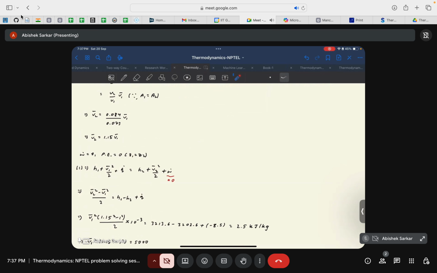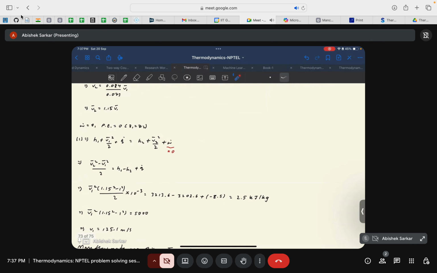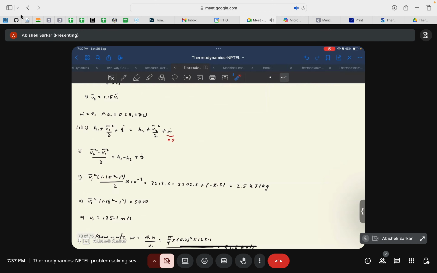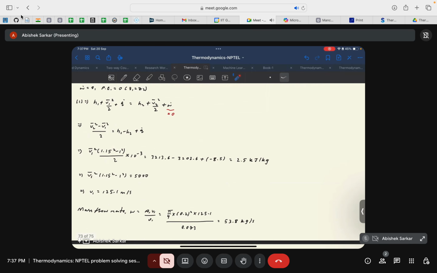We have net work interaction as 0 and net change in potential energy as 0. So the steady energy equation is h1 plus V1 square by 2 plus q dot equal to h2 plus V2 square by 2, or (V2 square minus V1 square) by 2 is equal to h1 minus h2 plus q dot.